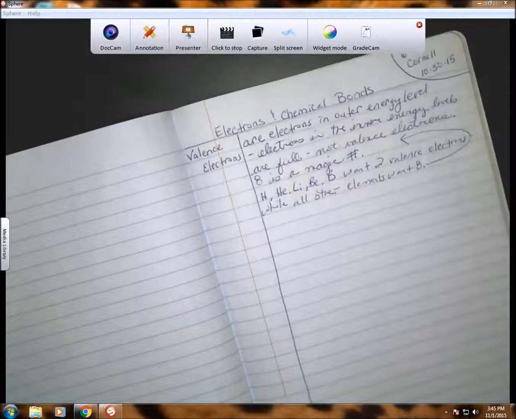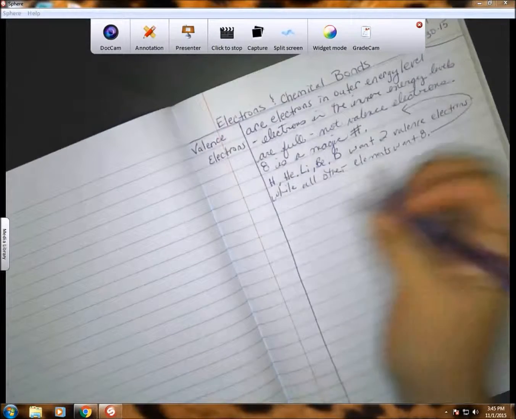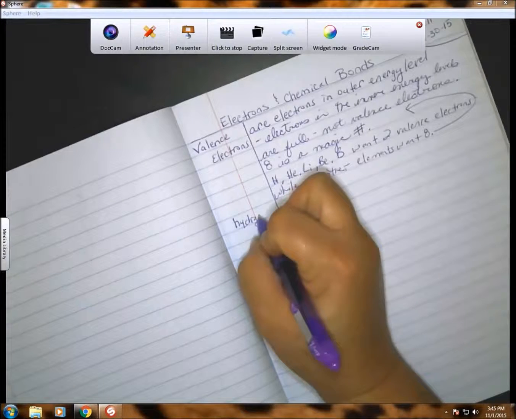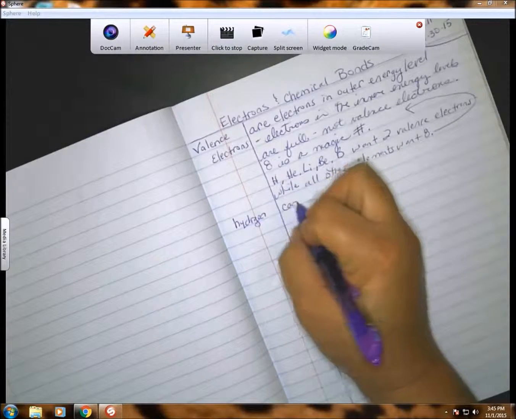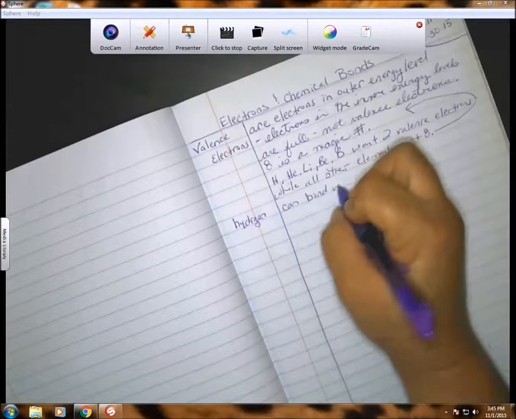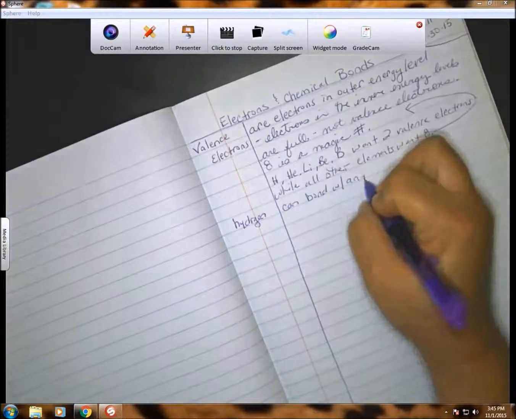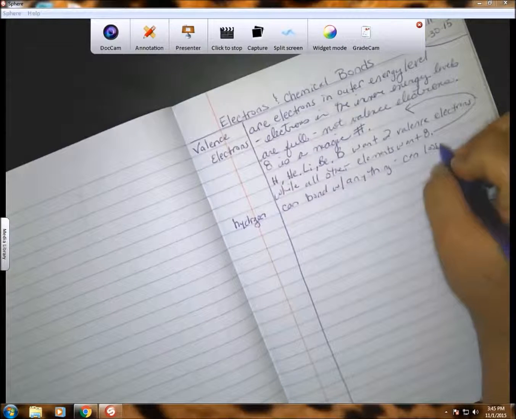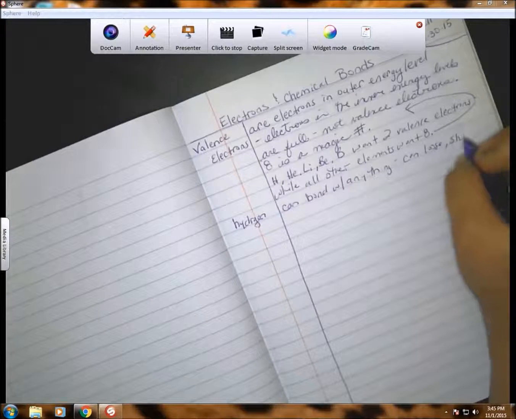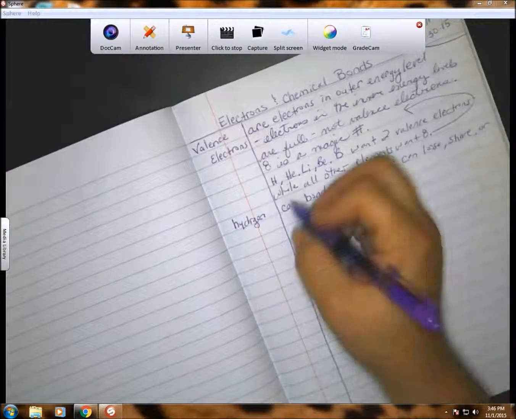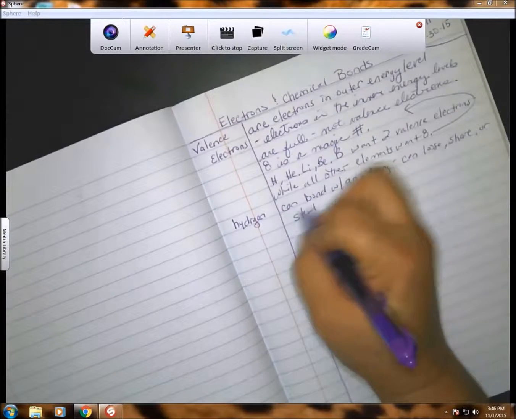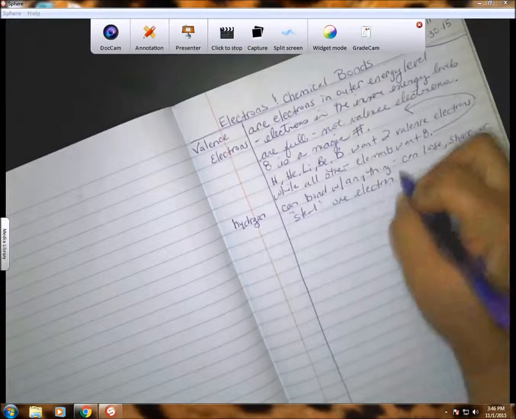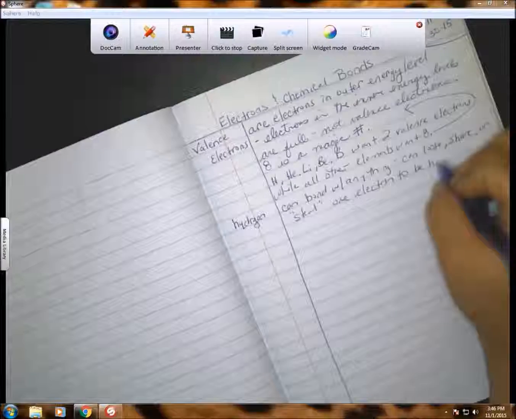I don't know. I think we're going to make one just so we remember. I'm going to make a keyword hydrogen. I'm going to say can bond with anything, can lose, share, or steal 1 electron to be happy.